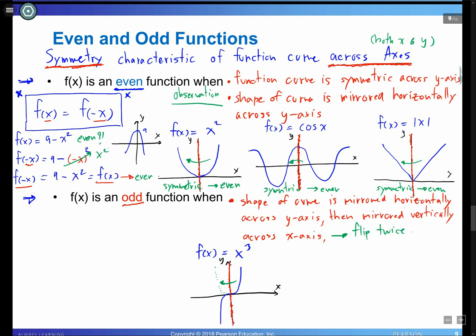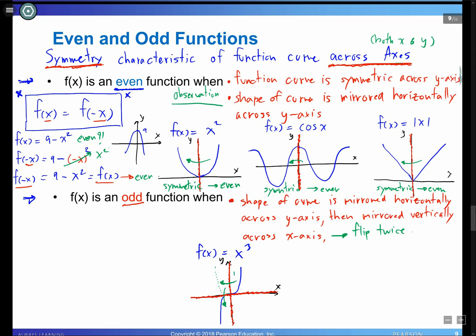In order to get the curve down here, I have to flip again. The second time I need to consider the x-axis as the mirror, and then I flip the green one up here to down here. And then I'm going to get that blue curve under the x-axis. So this is what I'm talking about: mirrored twice. First, horizontally across the y-axis.